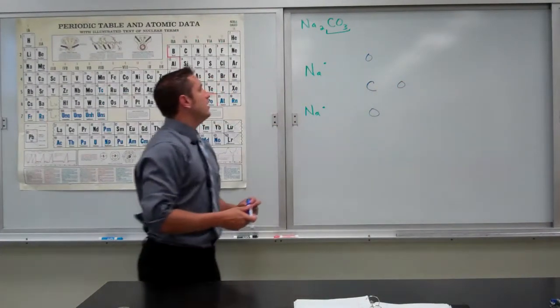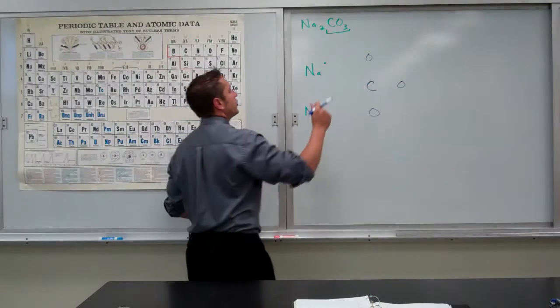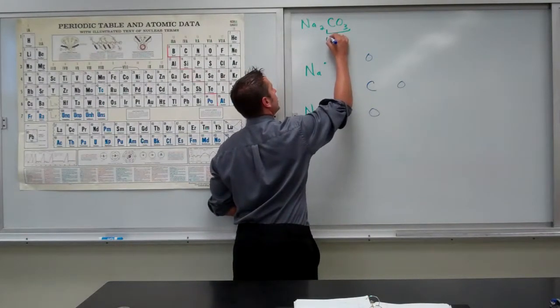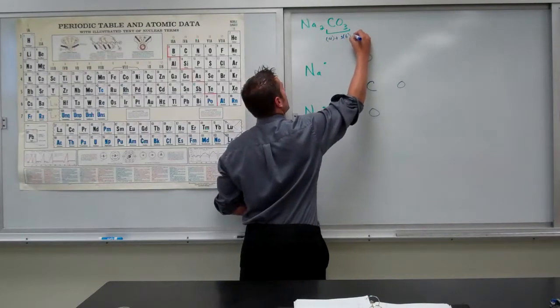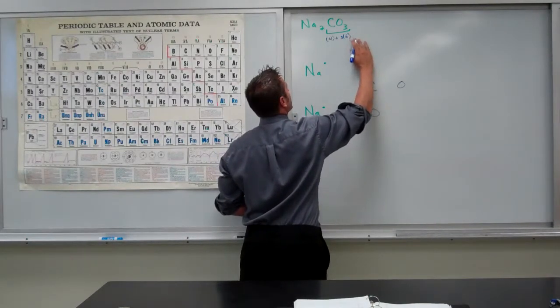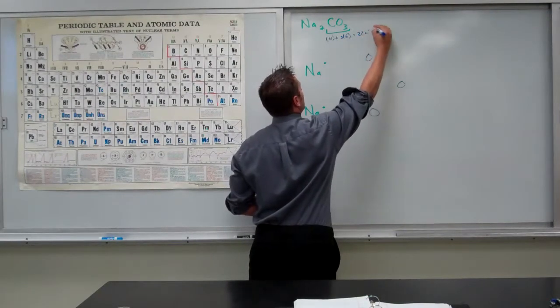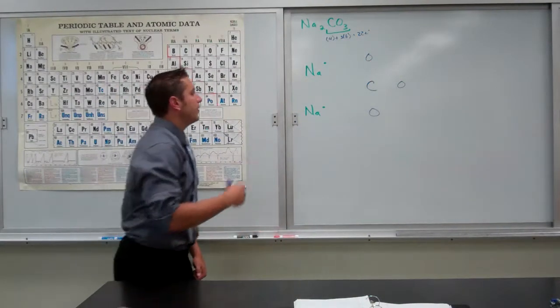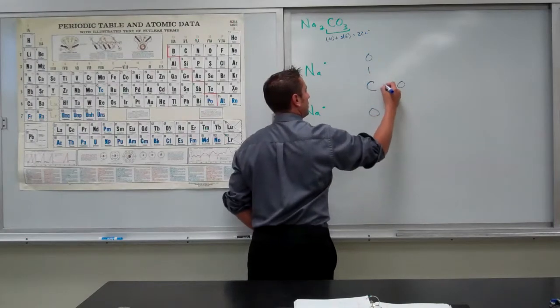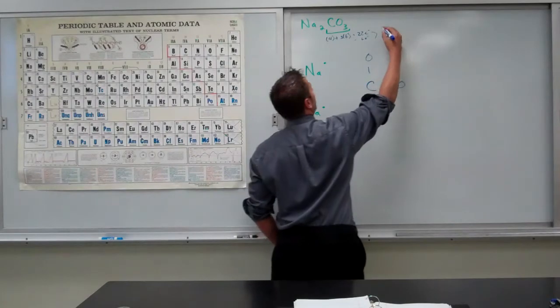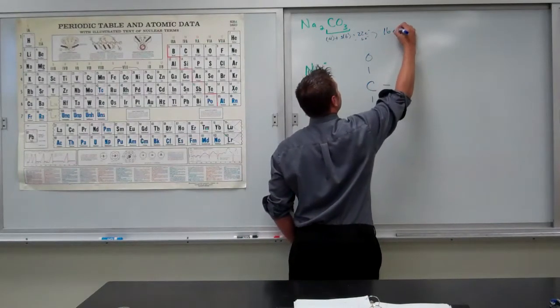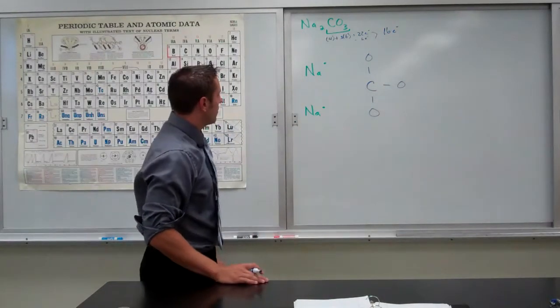Draw your 3 O's. Figure out how many valence electrons you're working with. Carbon gives you 4. Oxygen gives you 6. So 4 plus 18 gets us 22 electrons to work with. Make your single bonds. 3 single bonds burns up 6, leaving us 16 electrons.